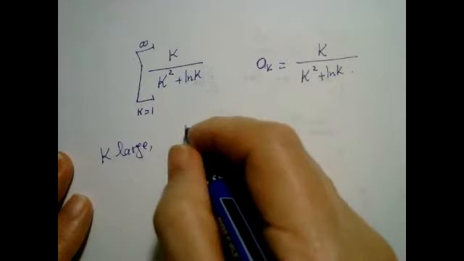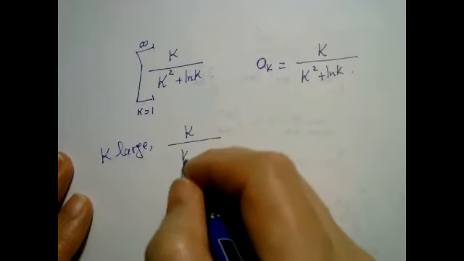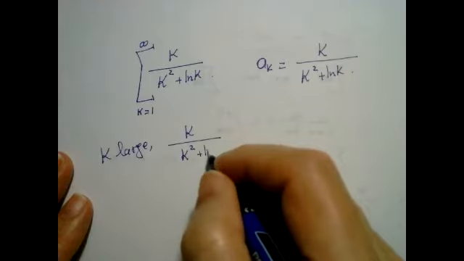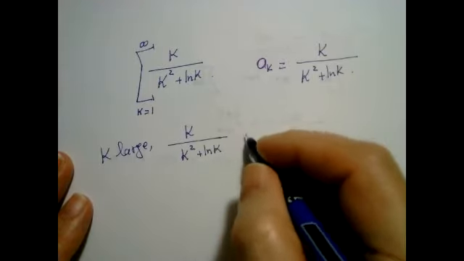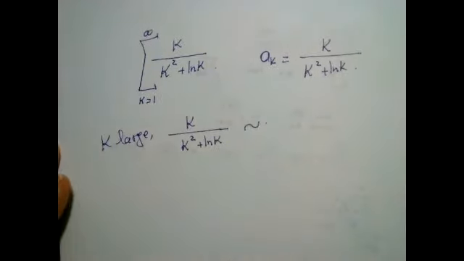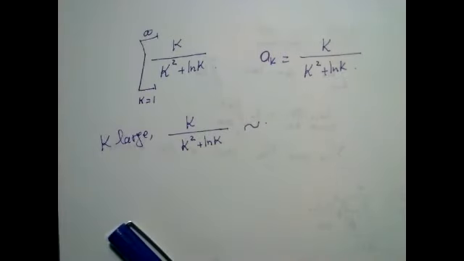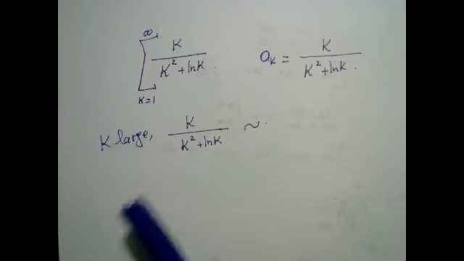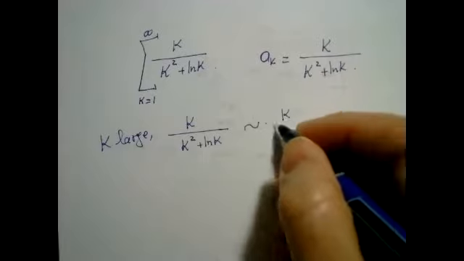When k is large, what do you think would be a good comparison in this problem? K over k squared. Absolutely correct. Why?